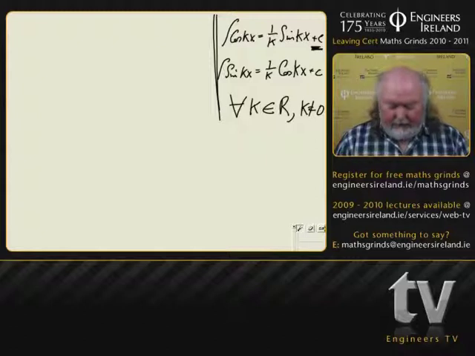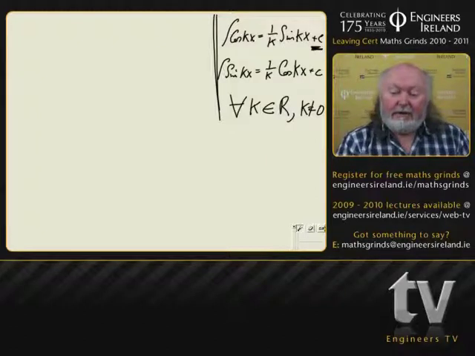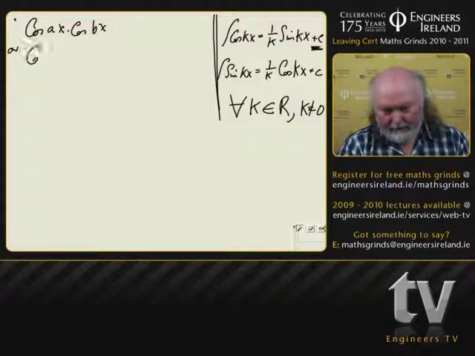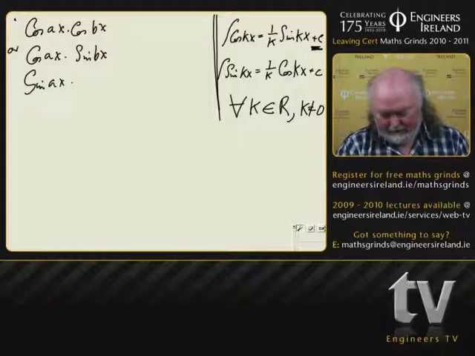Now we want to look at these kinds, where we have cos of ax by cos of bx, or cos of ax by sine of bx, or sine ax by sine bx.